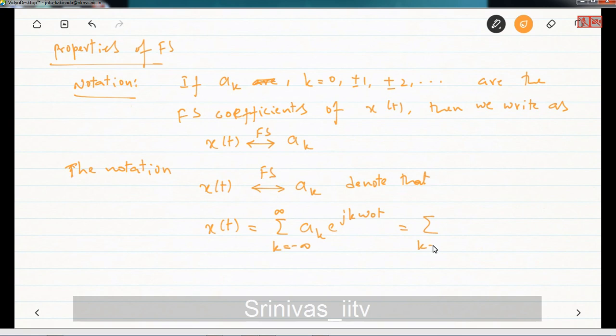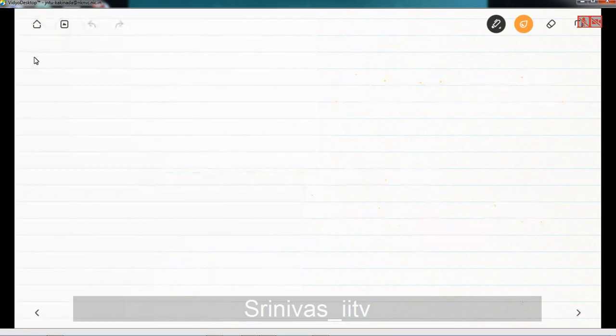Or this also means summation ak e power j k 2 pi by T t. So keep this notation in mind. We'll keep using this notation very often.